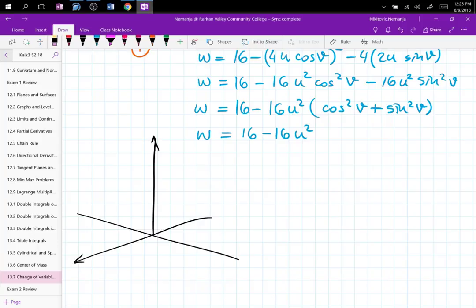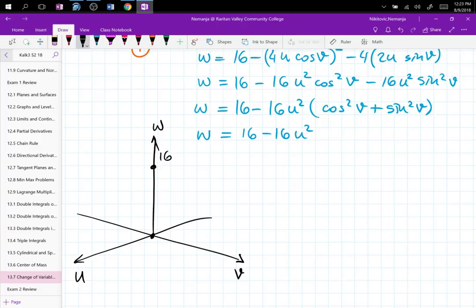And this is U, V, W. It is a UW parabola, and when u is 0, the w is 16.